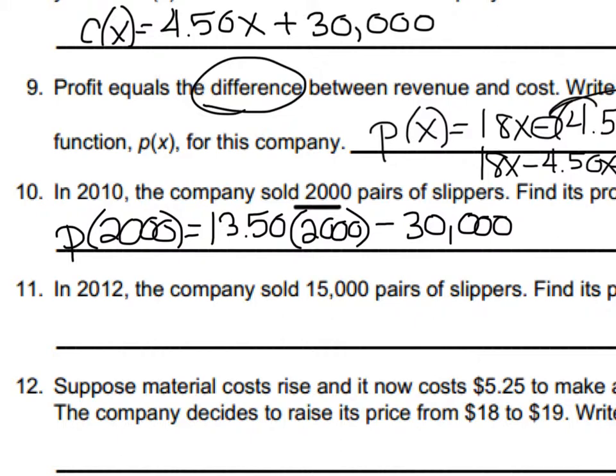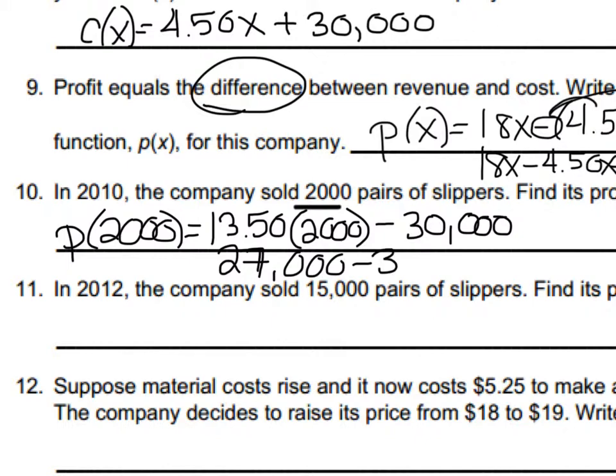So if you multiply the $13.50 times your 2,000, that means that on the slippers they earned $27,000.